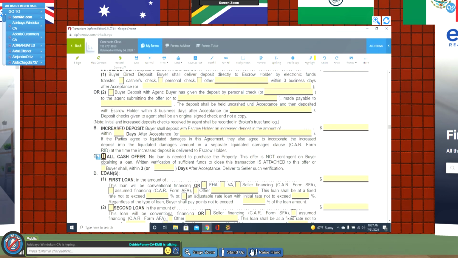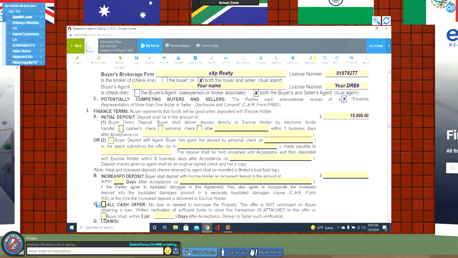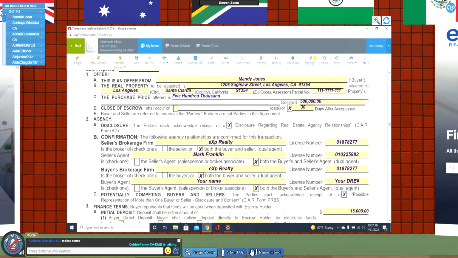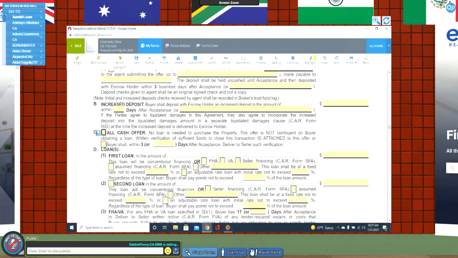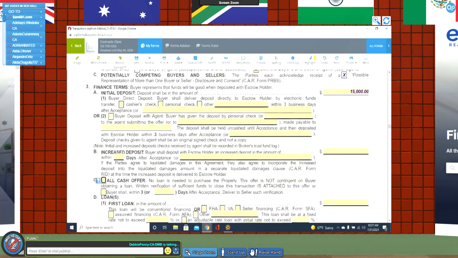Another reason I want that proof of funds up front with the offer is, let's say this offer was written at $500,000, and the list price was $520,000.